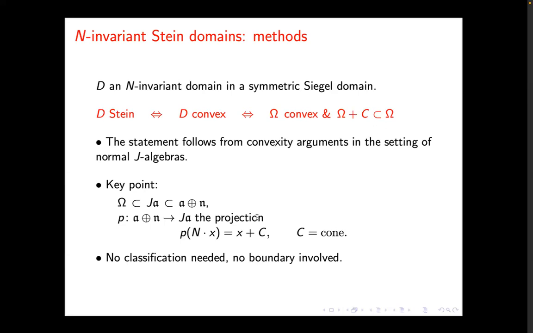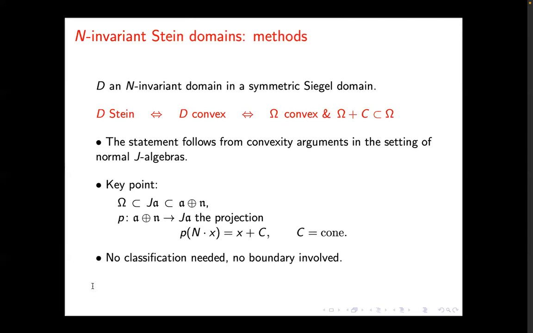In order to prove this, it takes some convexity arguments, but you need to embed the Siegel domain in the normal J algebra. So of course, it has some machinery behind.